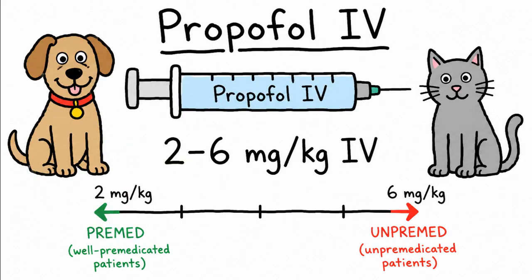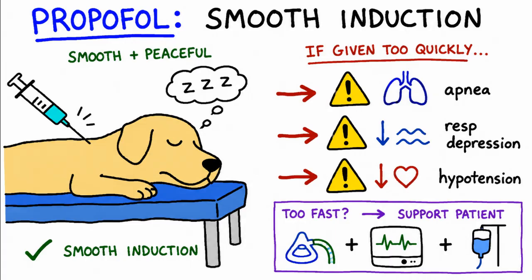In dogs and cats, it is often titrated around 2 to 6 mg per kilogram IV, with the lower end used in well-premedicated patients and the higher end closer to unpremedicated patients. It gives smooth induction, but it can cause apnea, respiratory depression, and hypotension, especially if it is given too quickly or if the patient is not well supported.